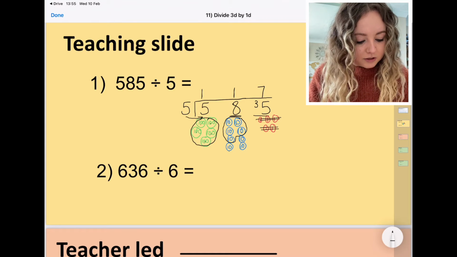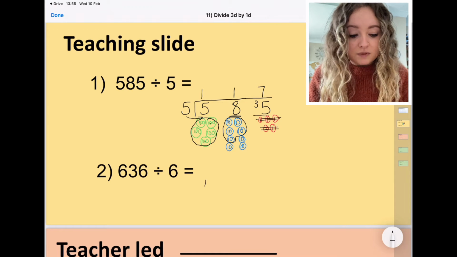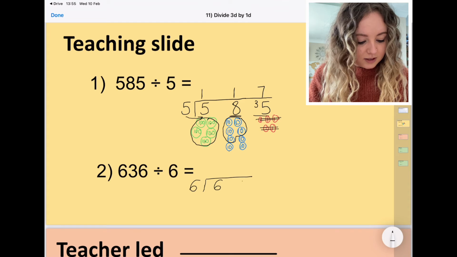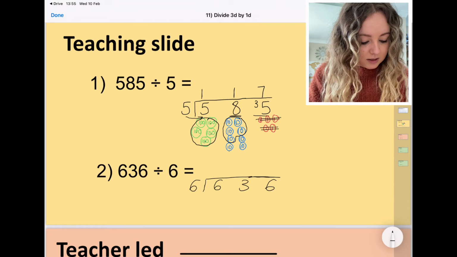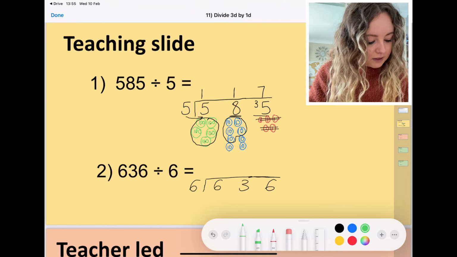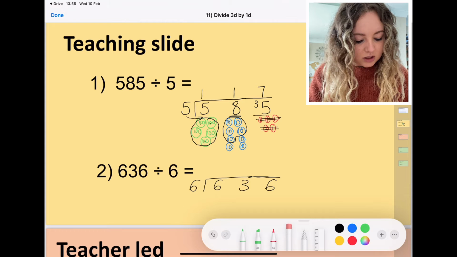So now we are doing 636 divided by 6. So let's write it out. We're dividing by 6, that goes on the outside, and then we've got 636. Again, let's just draw some counters to help us with this one as it's the teaching slide.